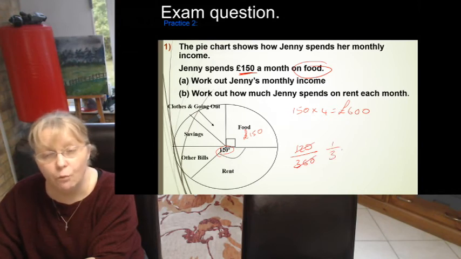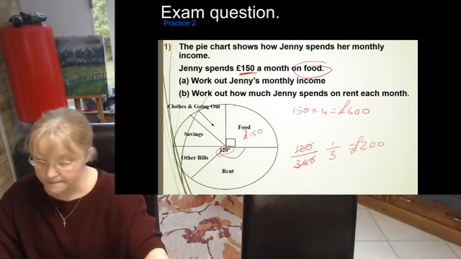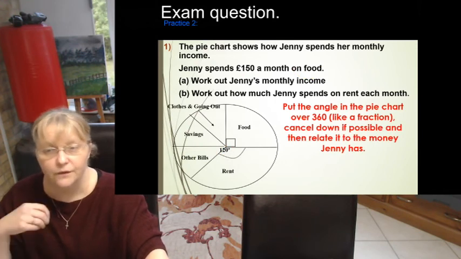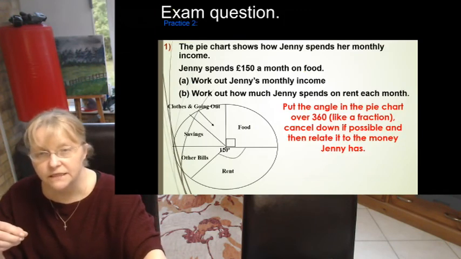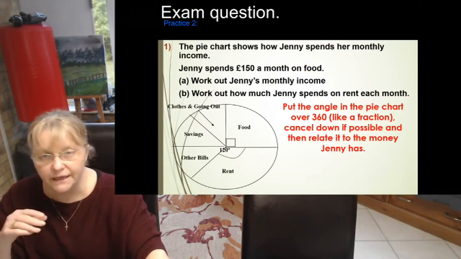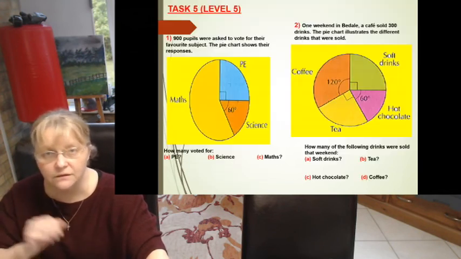So therefore, 1/3 of her wage went on rent, and 1/3 of £600 is £200. So, hopefully that makes sense. Have a go and go back and see if you can work that out.